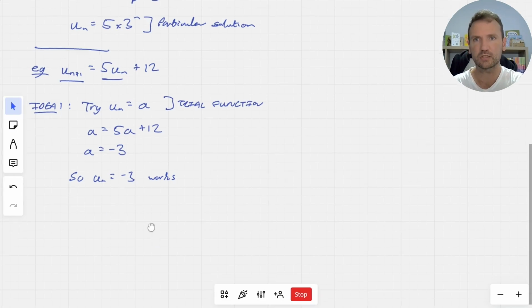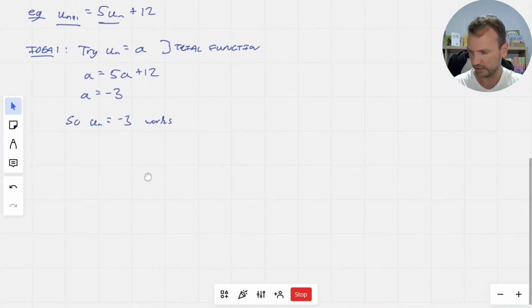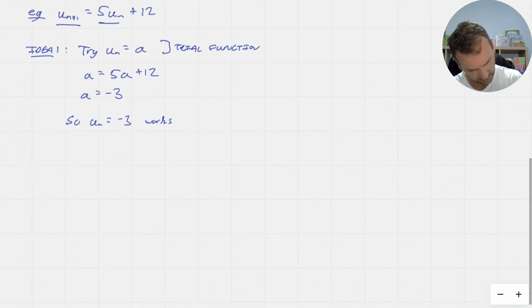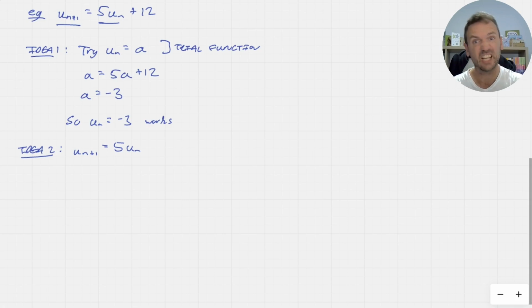In order to go more broad here, our next idea is to say, well, let's simplify this momentarily. We saw that if we had un plus 1 equals 5un, a homogeneous recurrence relation like this was nice and easy because it was a geometric sequence. So let's think about solving this first, and then let's see if we can combine these two ideas together.